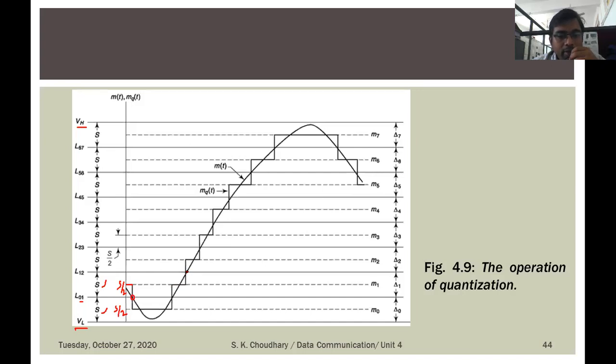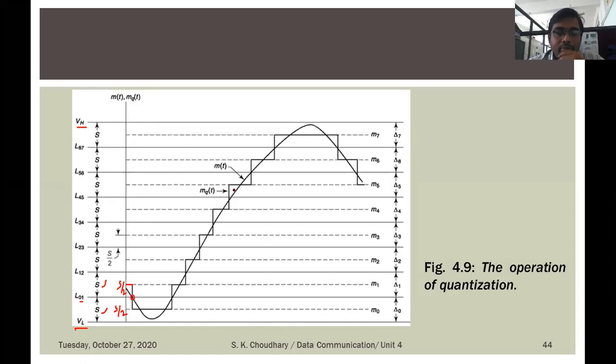Then the next transition is coming from L01 to L12, and again there is a jump, a quantum jump. We are doing the quantization, so we say it is a quantum jump. The quantized signal or approximate signal will take a jump of the step size S, and like this, as per the direction of propagation of the message signal, your approximate signal follows it, and it always takes a jump of the fixed step size S whenever your message signal transits its level from one level to another level.